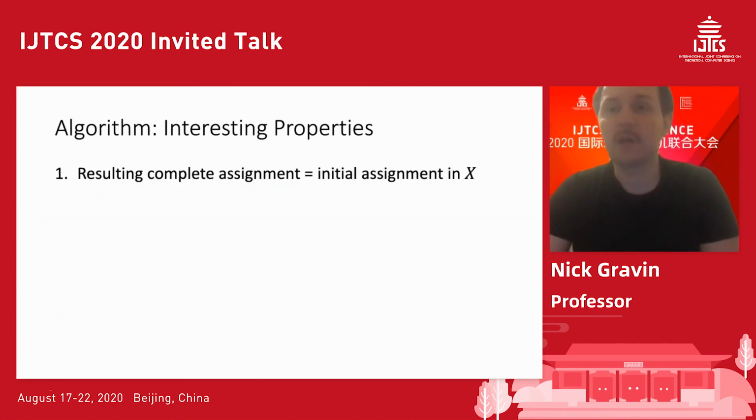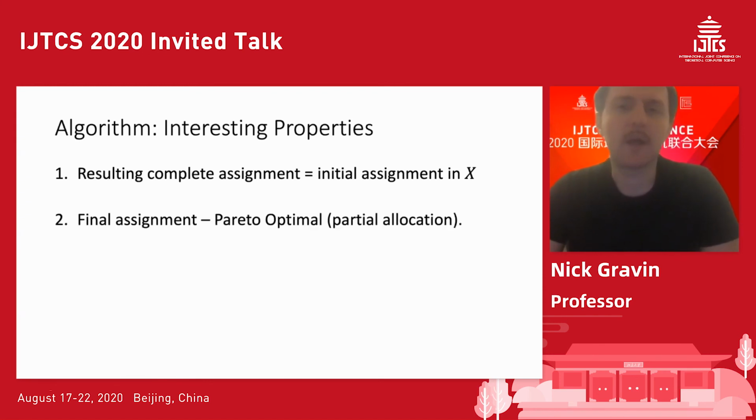All right, so I'm almost done. Just a few interesting properties of the algorithm to conclude. The resulting assignment will surprisingly match the initial assignment in the optimum Nash welfare allocation, or actually any allocation X. That was kind of an expected property of our analysis.